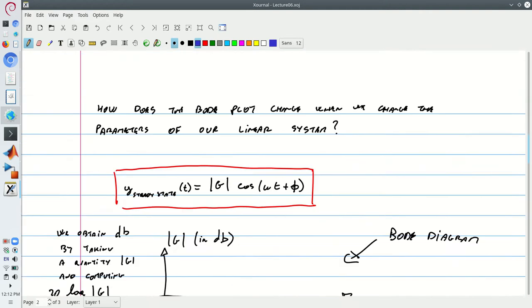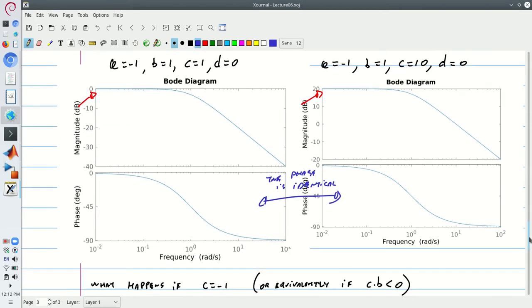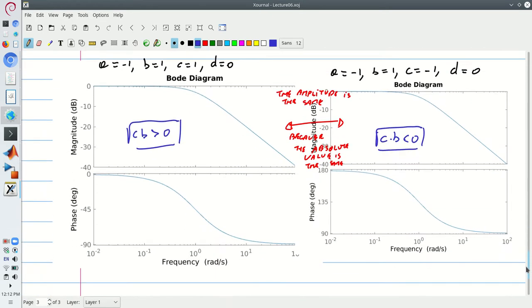Let me do this in this way. So as you can see, everything is the same here, but the phase has changed.